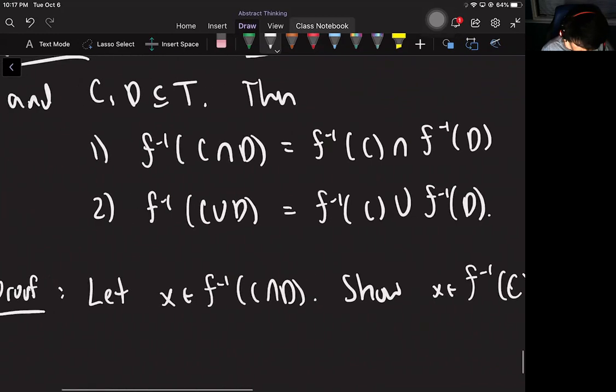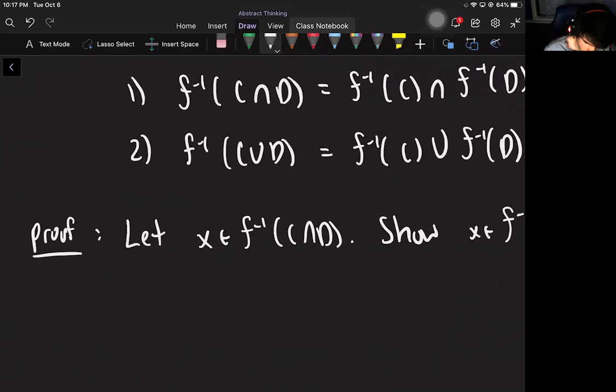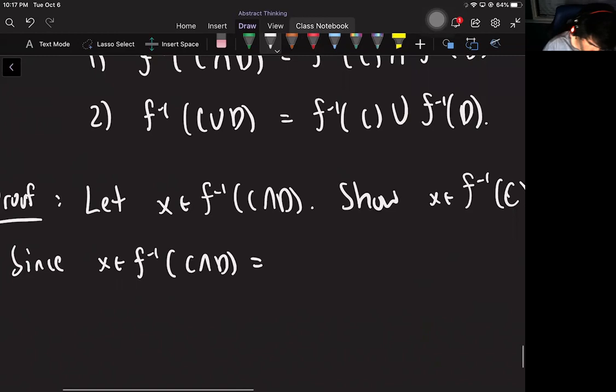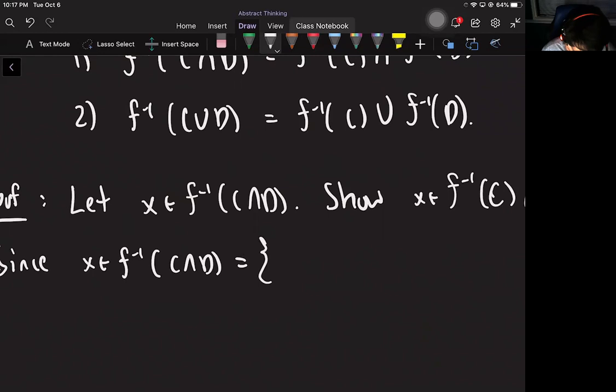Okay, so it's just going to be playing around with the definition of pre-image, sort of how we did the other ones. So because I know X is in here, what can I do? Well, I really need to understand this set better to say that. So I'm going to rewrite the definition of pre-image for this context. So the pre-image of a set is the stuff in the domain such that if I plug it in, I go to that subset in the codomain.